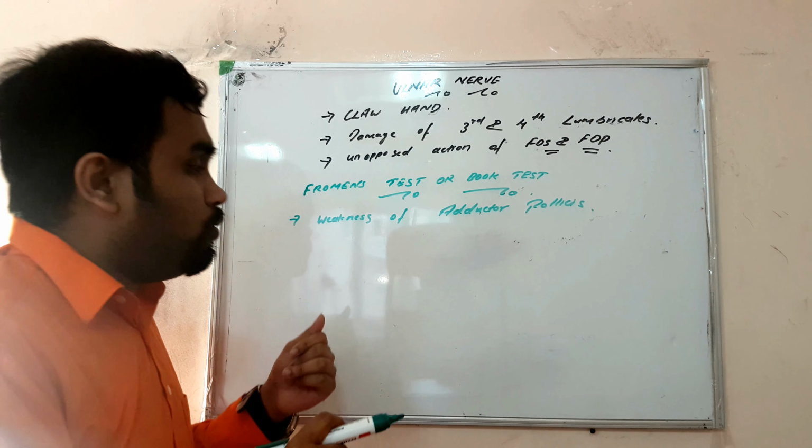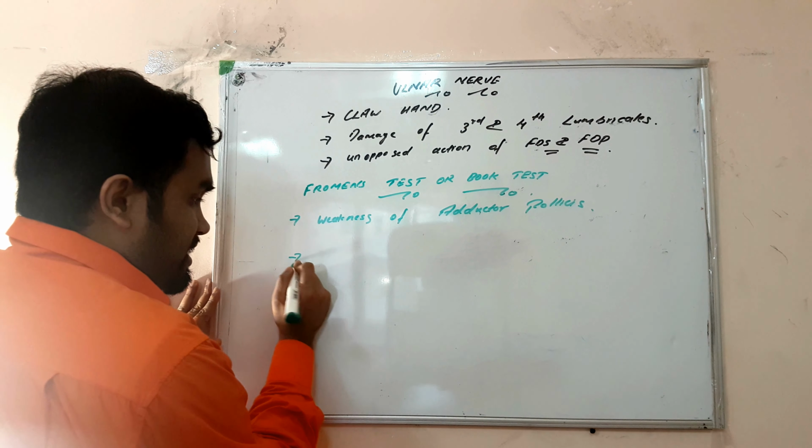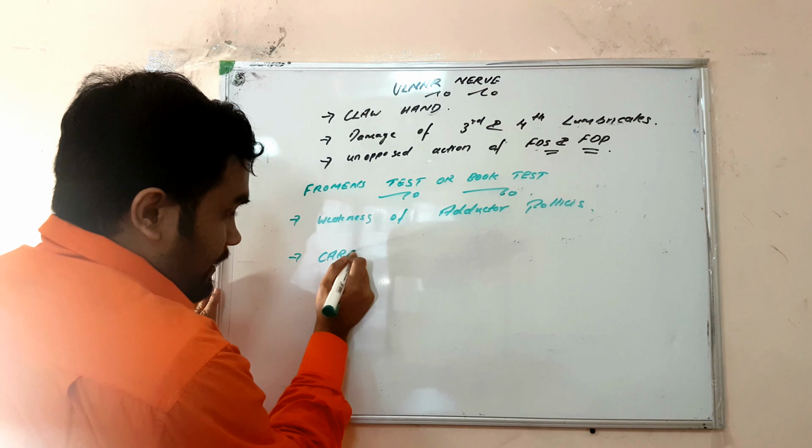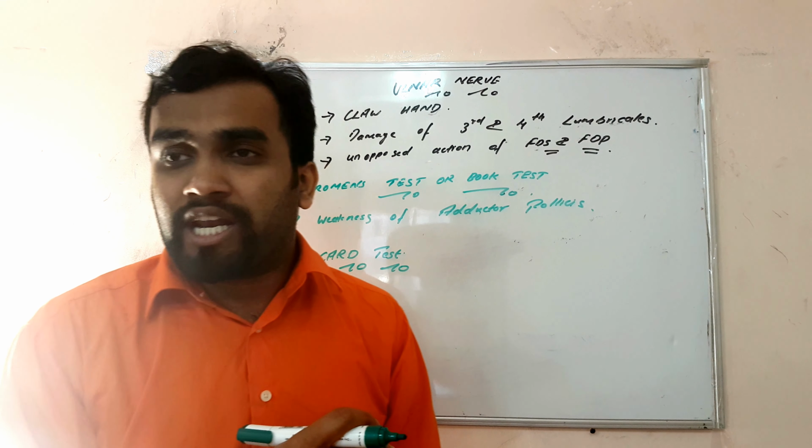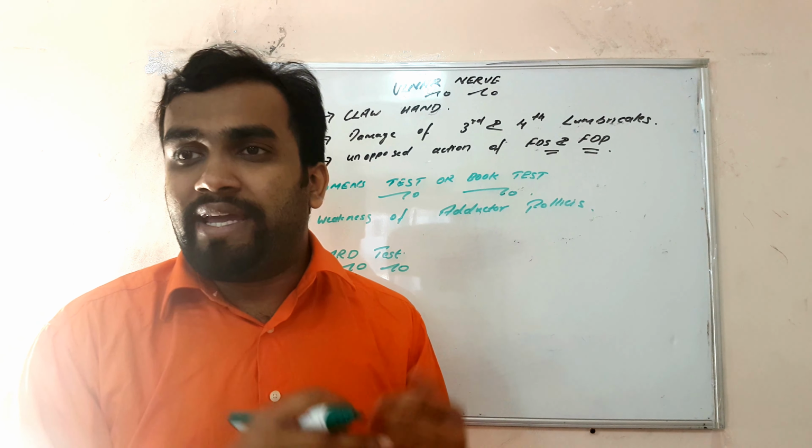Clear? Now there is one more test known as card test. What is the card test? You know we have a total of how many muscles in the hand? There are 20. Out of that, 15 are supplied by the ulnar nerve. You remember palmar interossei and dorsal interossei. These are also supplied by what? Ulnar nerve. So the interossei muscles. So there is a test known as card test.